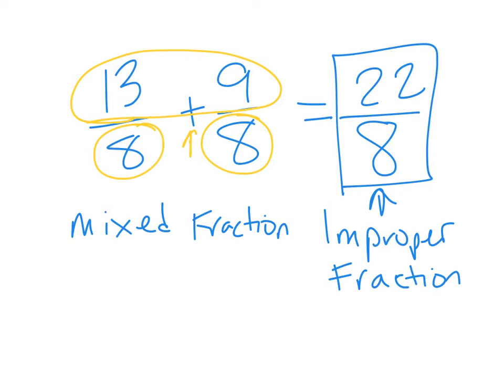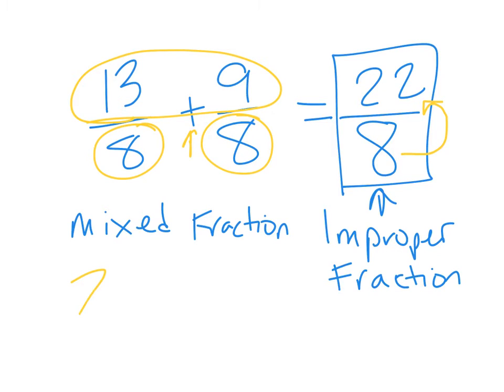To make this a mixed number, you see how many times 8 can go into 22. What's 8 times 2? 16. What's 8 times 3? 24, which is higher than 22, so it has to be 8 times 2.